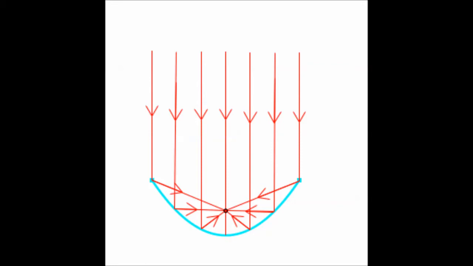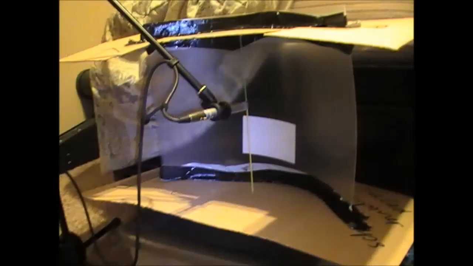So I'm applying this to audio. I built a parabolic shield of sorts. Anywhere that sound hits the shield, it'll bounce towards the focus.